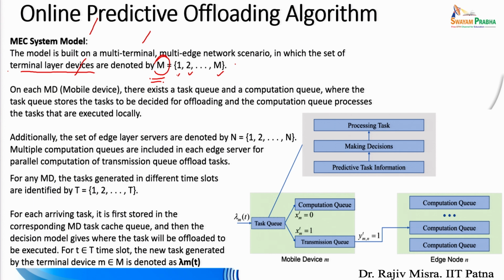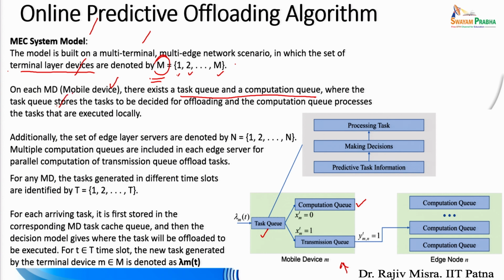Now, on each mobile device, that is MD, there exists a task queue and a computation queue. Here we can see the mobile device, let us say M, with a task queue and a computation queue.